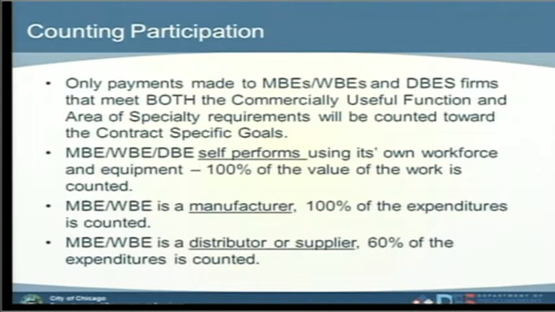Some of the contracts require that you do have part of the CRO. Some of that portion has to be dedicated only in the vicinity of the project. That is the local residency part. We have to monitor that part. Now, in order to count for participation, number one, the M, the W, or the D has to meet two different criteria, and they have to meet them both, not just one.